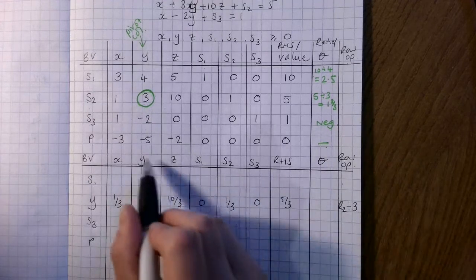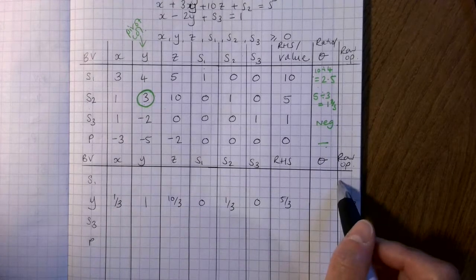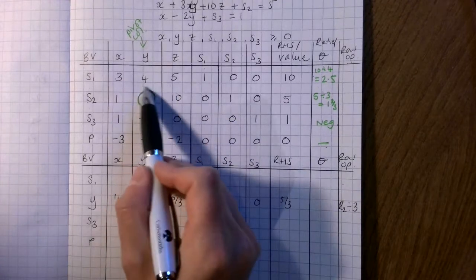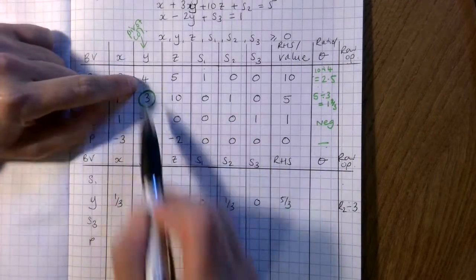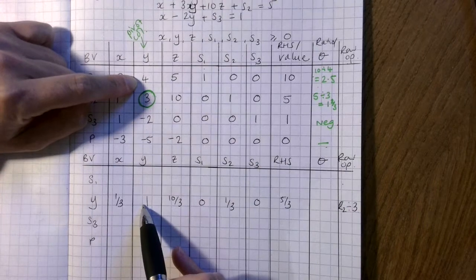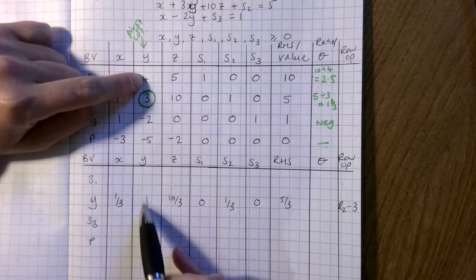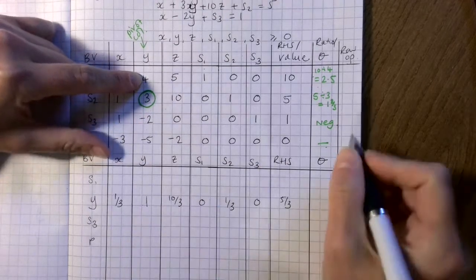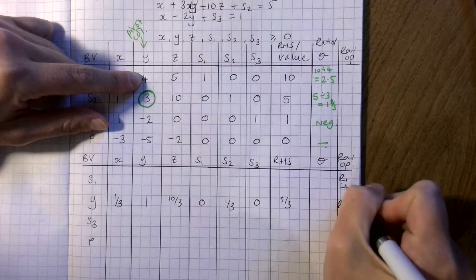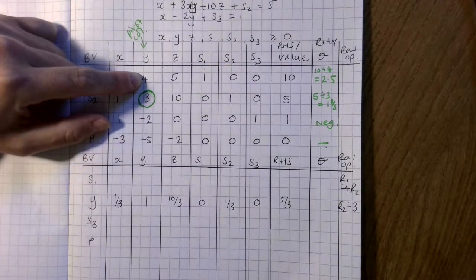The next, I'm going to do the top one next. So I'd want to make this into 0 using multiples of this. So I'd want to take away 4 lots of this. So it'll be row 1 take away 4 lots of row 2.